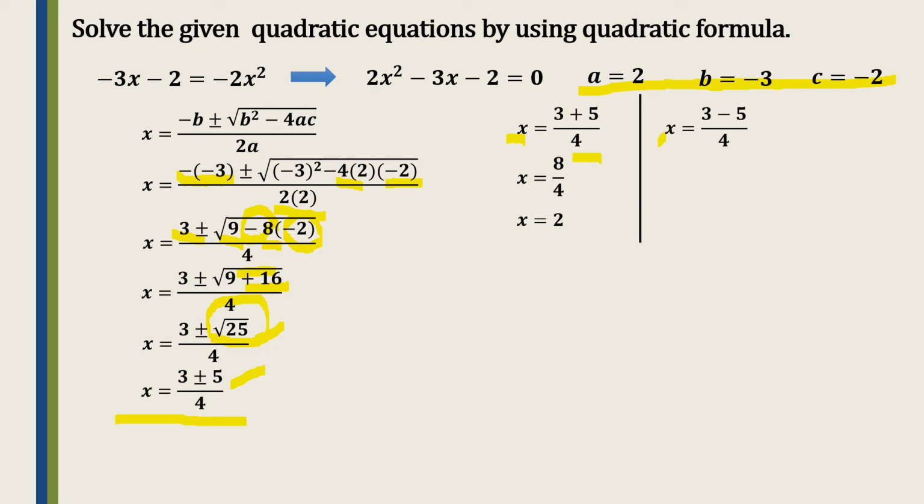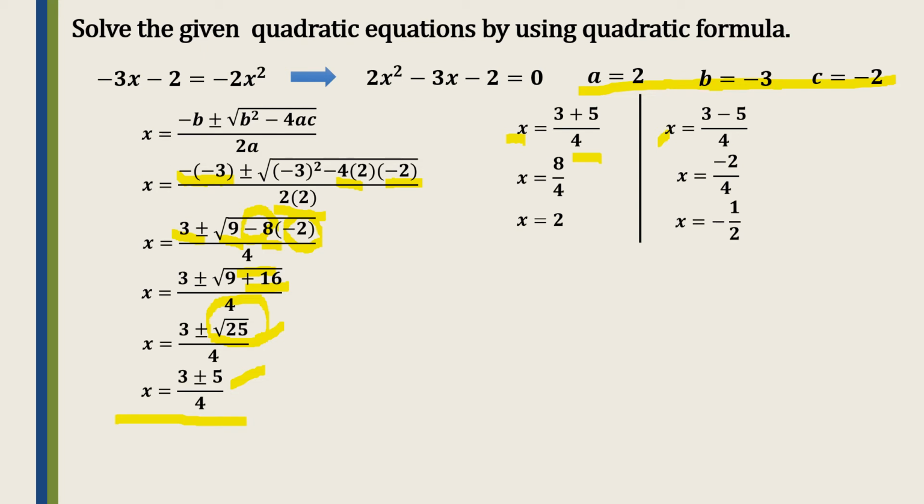Yung value naman ng x sa right side, we have x equals 3 minus 5 all over 4. 3 minus 5, we have negative 2 over 4. I-simplify natin, both divisible by 2, magiging x equals negative 1/2.